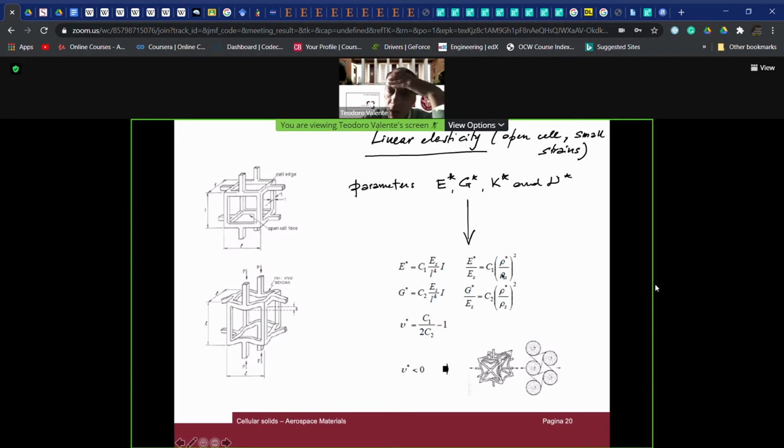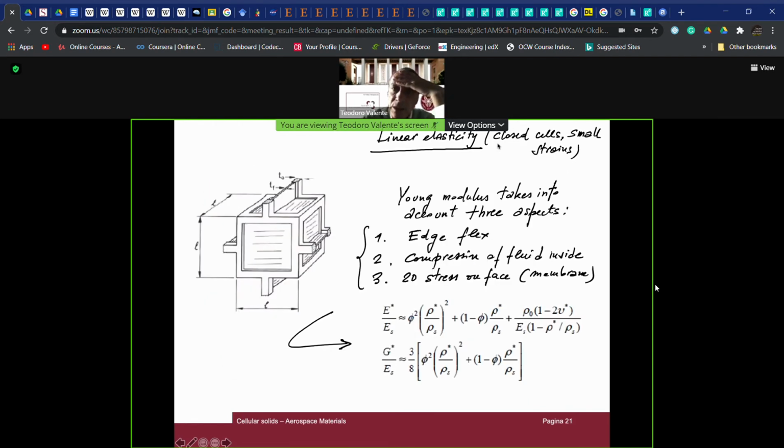So by knowing the ratio between the two mass densities and the constants C1 and C2, we can have a direct estimation of the Young modulus, the shear modulus and the Poisson coefficient of the cellular solid in the case, this is referred to this case, we have open cells. What is going to happen?